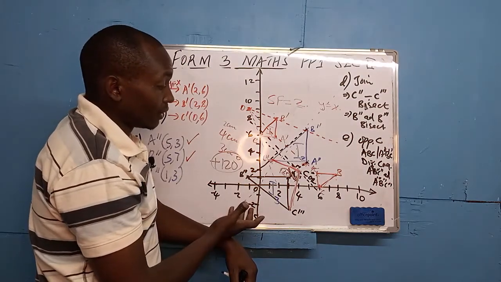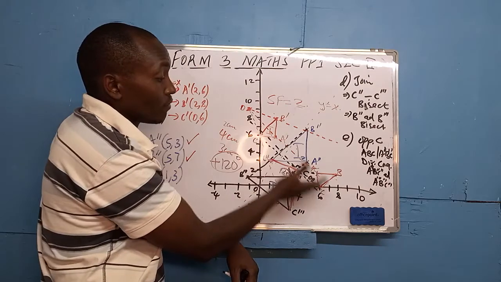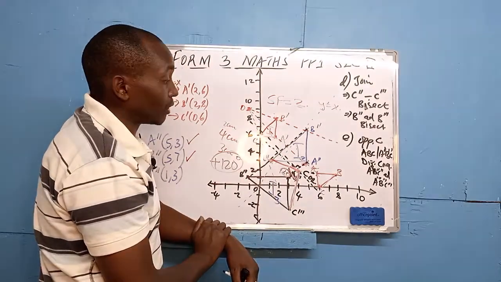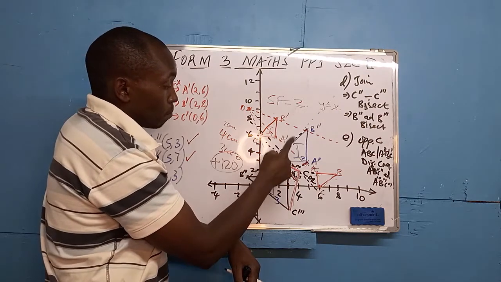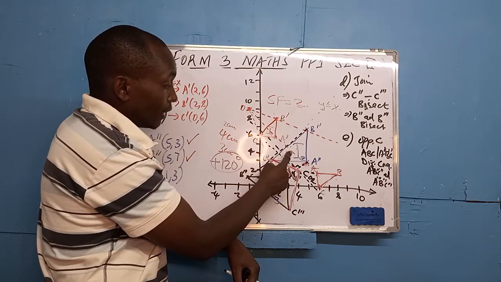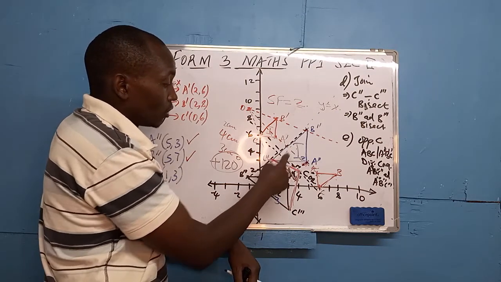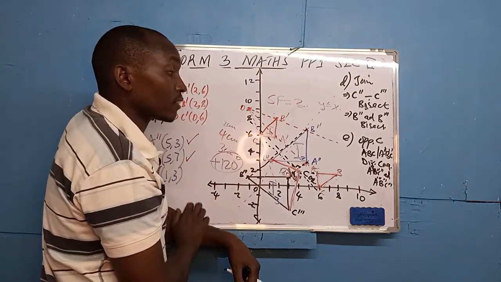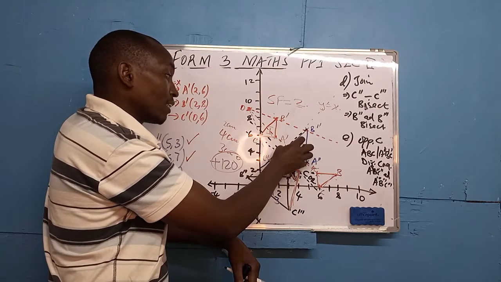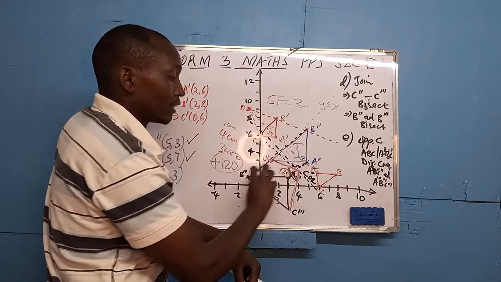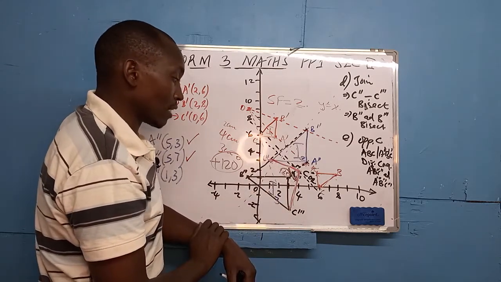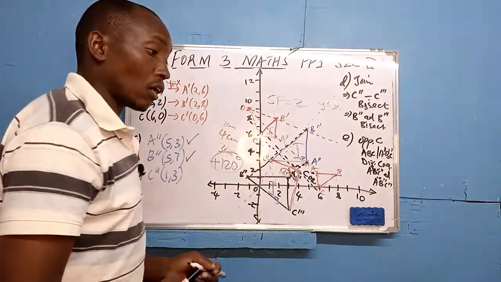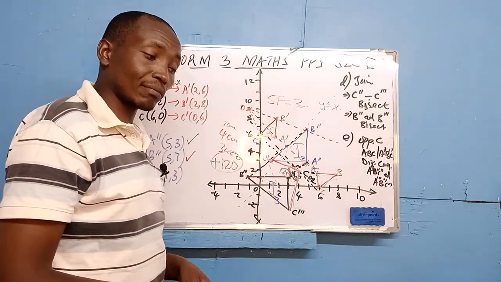Remember, reflection gives you oppositely congruent objects. But the second image and the third image are equal in size and directly congruent. You can lift this triangle here and fit it here. And that is the end of question number 19 on transformation.